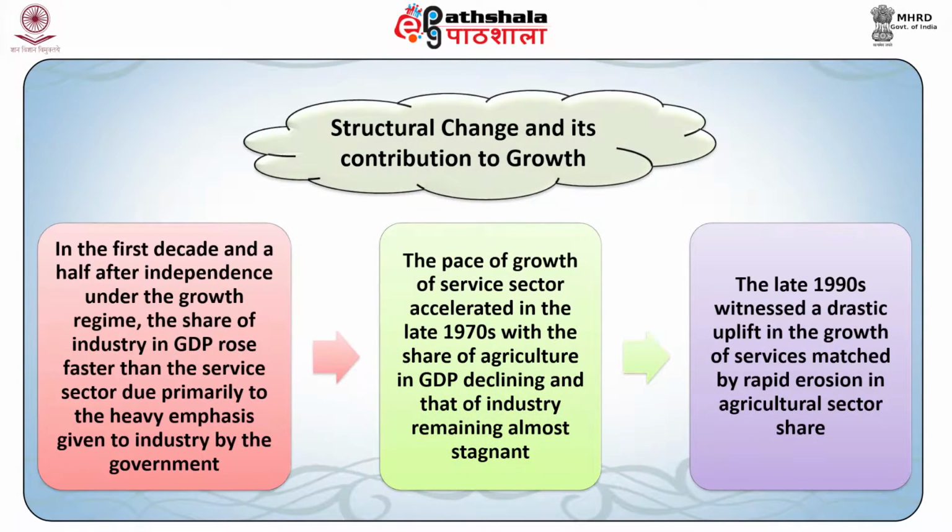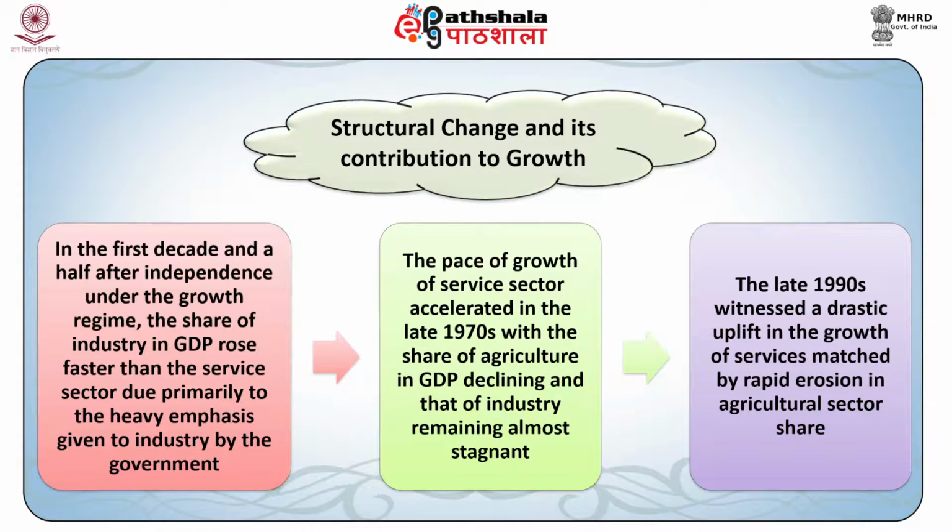In the first decade and a half after independence, under the planned growth regime, the share of industry in GDP rose faster than the service sector, due primarily to heavy emphasis given to industry by the government. But towards the late 1960s, the GDP structure started slowly shifting in favor of services.